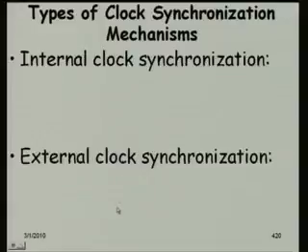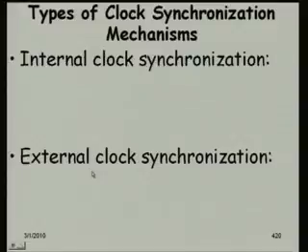Roughly there are two main mechanisms. One is called the internal clock synchronization, the other is called the external clock synchronization. As the name says, in internal clock synchronization the time value will be determined based on some clock internal to the system. Maybe one clock, maybe many clocks, but all the clocks are internal.